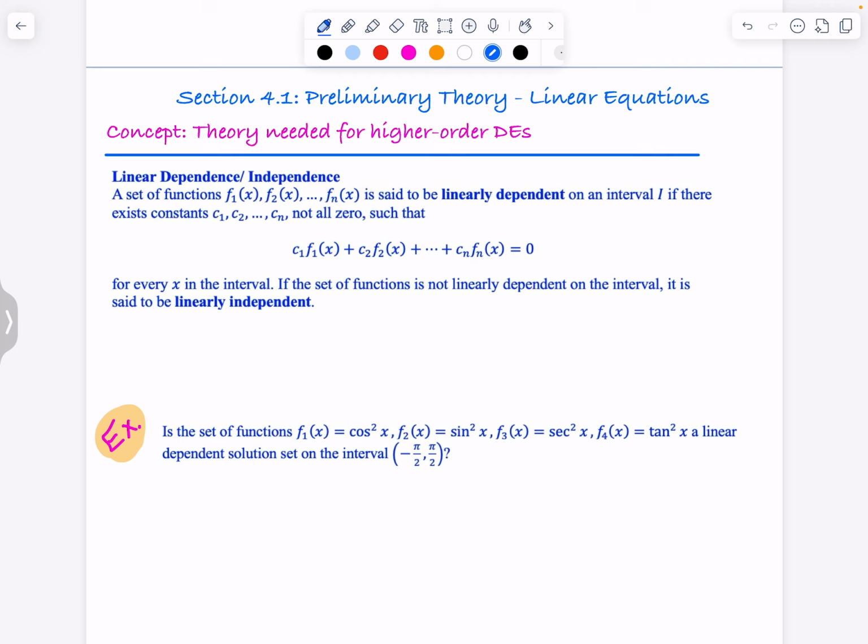So what we're going to answer first, before we get to that, we have to ask if our solutions are linear dependent or independent. What this means is dependent is that all solutions can be made from the other solutions.